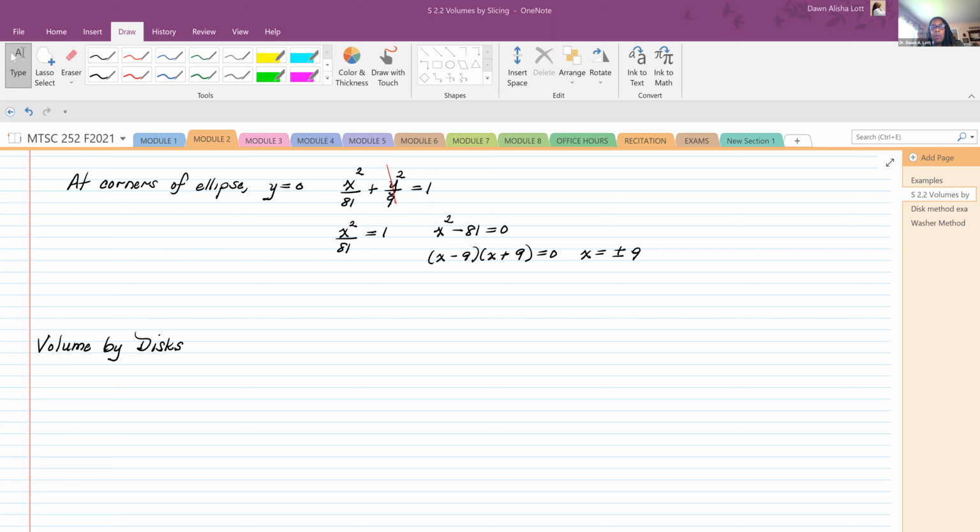So now we will go on to volume by disk. Volume by disk is very similar to volume by slicing.